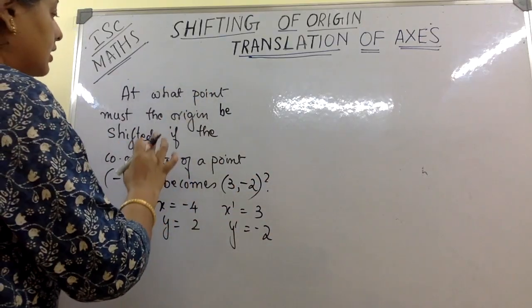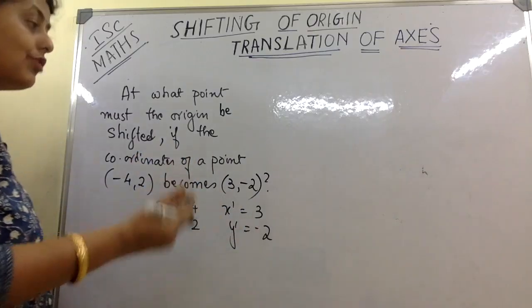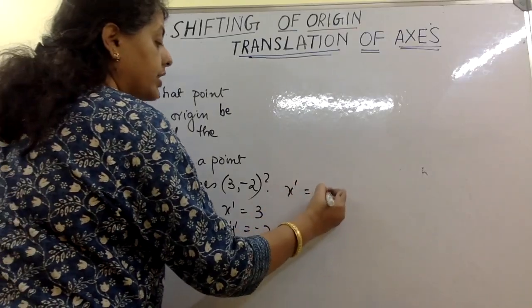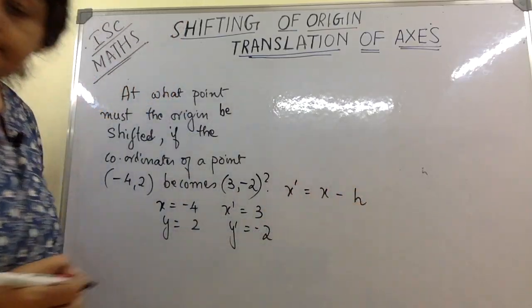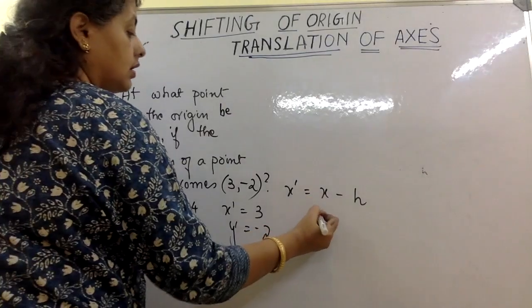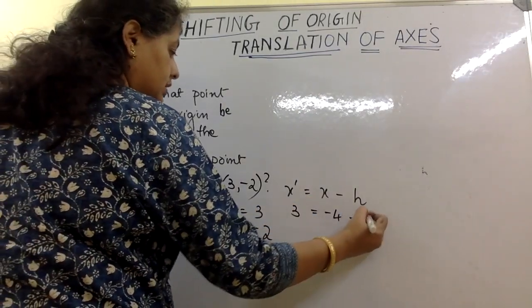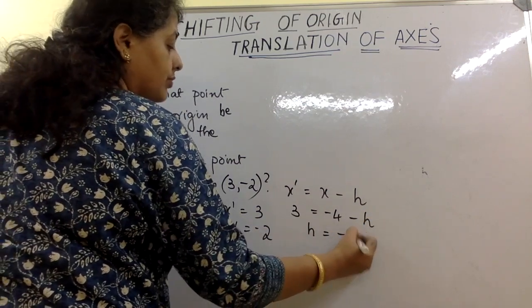Okay, and the origin is shifted to what they want is hk. So x dash is equal to x minus h. Okay, and therefore x dash is, this is 3, here it is minus 4 and this is minus h. H is equal to minus 7.